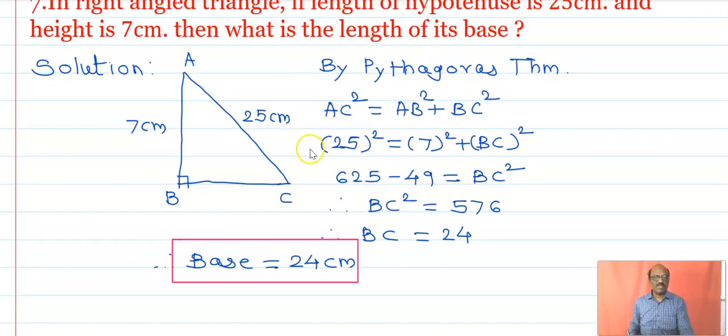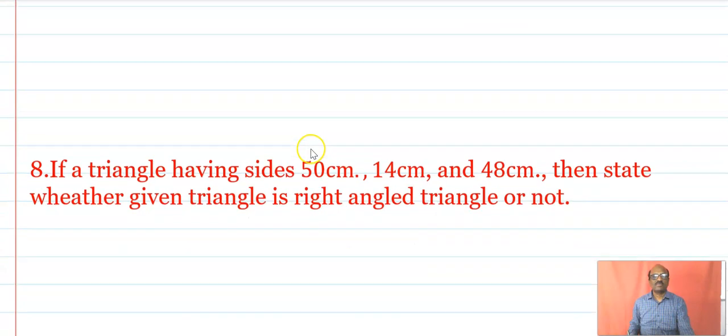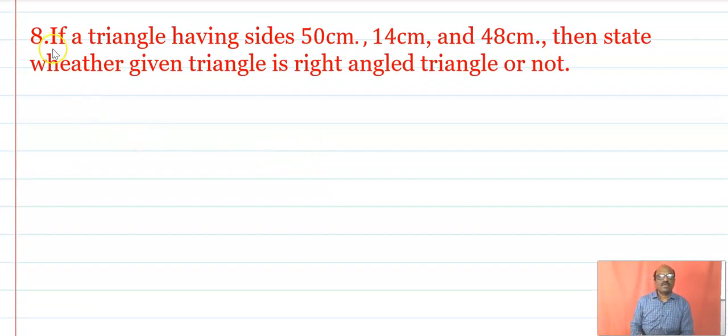Okay, now we'll take the next question. If a triangle has sides 50 centimeter, 14 centimeter, and 48 centimeter, then state whether the given triangle is a right angle triangle or not.